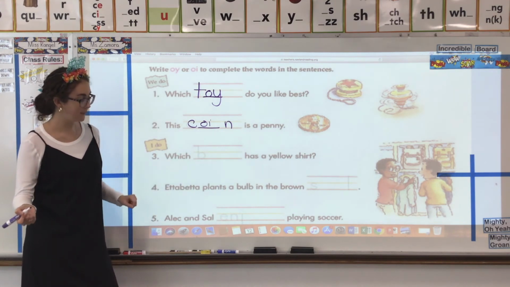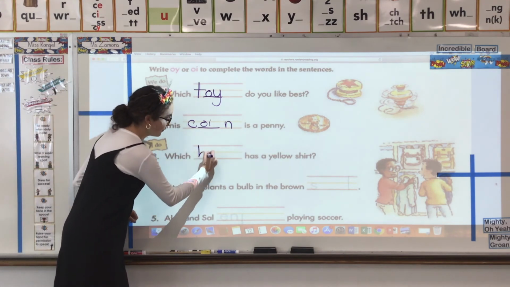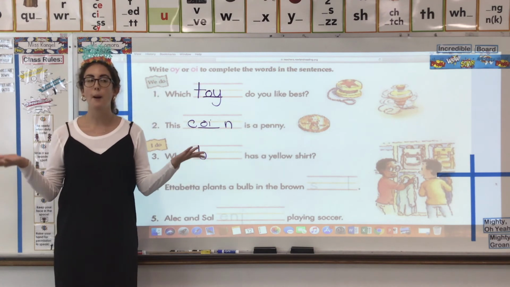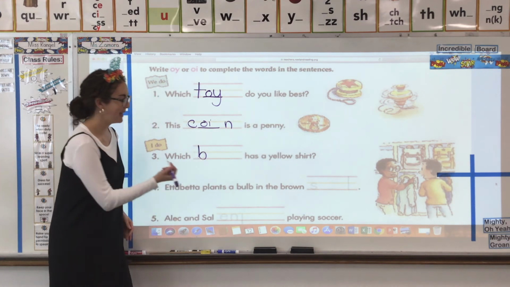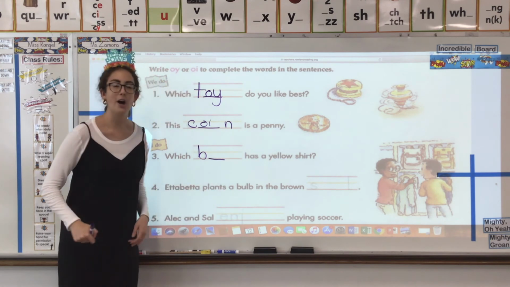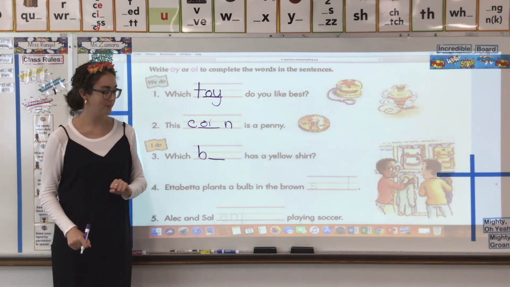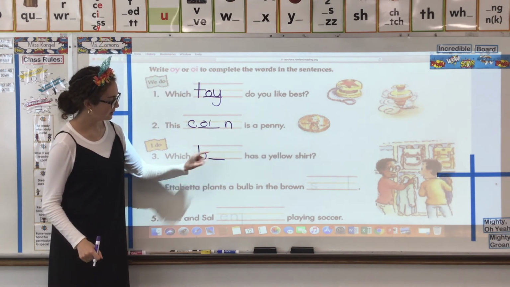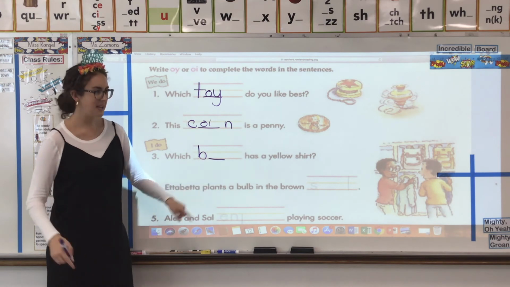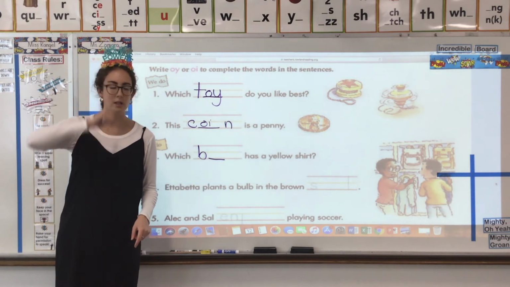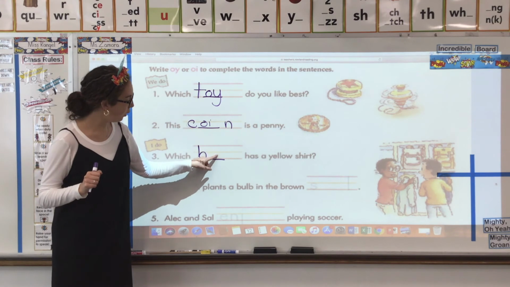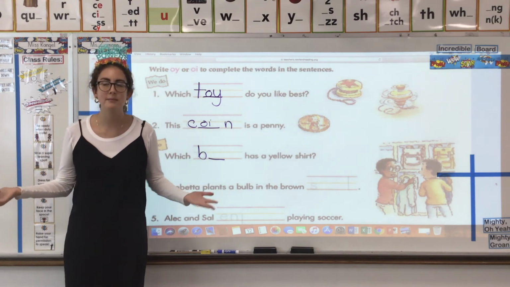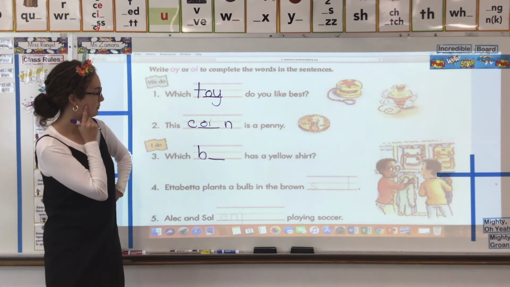Okay, down for number 3. See number 3? All we've got so far is a B. And we're missing our oi sound. And look, the oi sound is at the end of the word. If we need our oi sound at the end, how are we going to spell it?